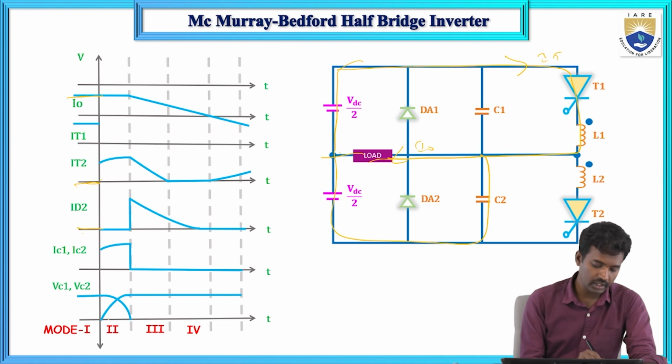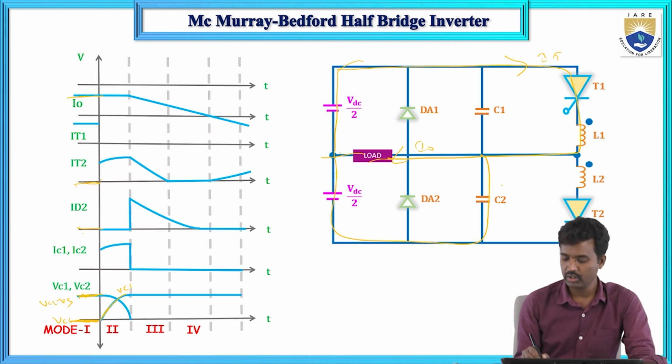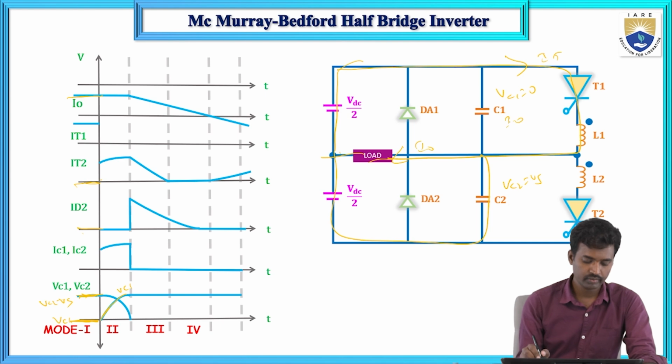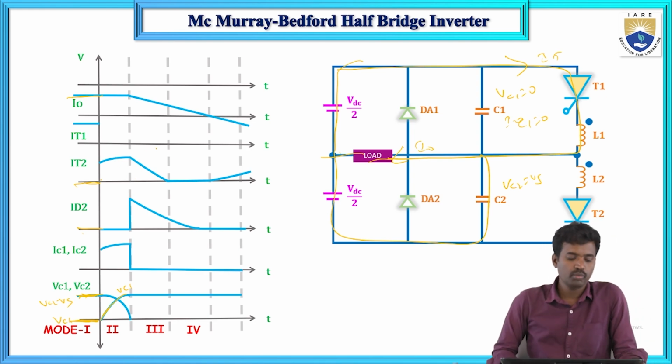Initially VC1 is 0 and VC2 is VS. So VC2 equals VS and VC1 equals 0. IC1 equals 0, IC2 equals 0, and IT2 equals 0. So this is the mode 1 operation.